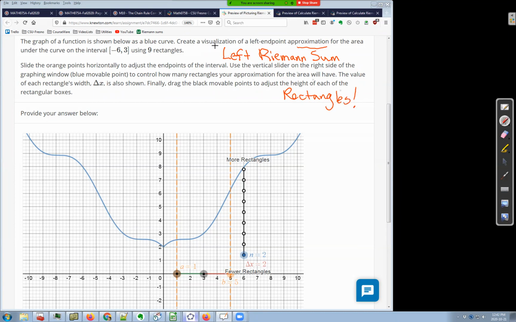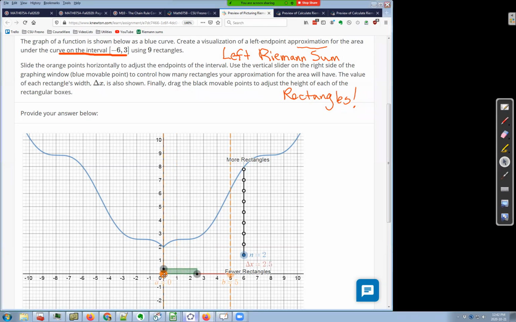Okay, so it wants us to create a visualization for the left endpoint approximation, in other words, the left Riemann sum for the area under the curve on the interval from -6 to 3 using 9 rectangles. Once you know what you're doing, these problems are fun and easy because you don't really have to do any work. You just have to create the picture.